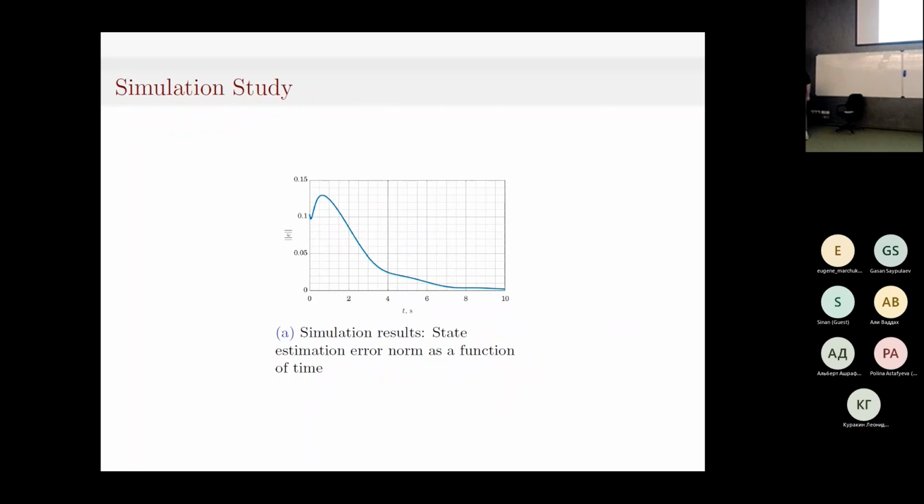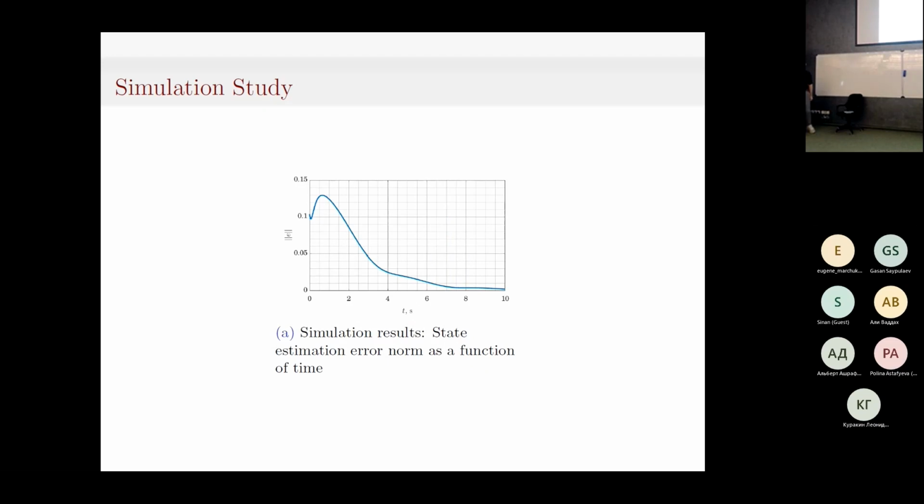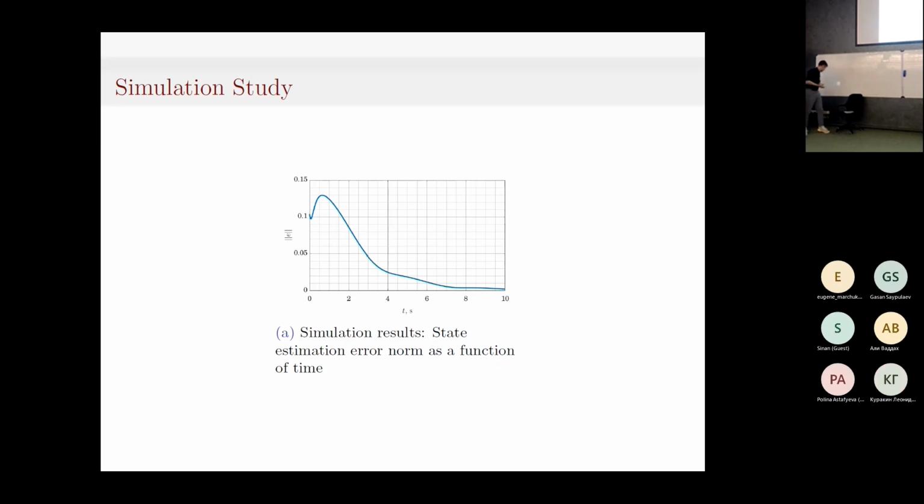Can you please comment on how the observers were designed? We've had 2 observers. The design of the observers was pretty simple.